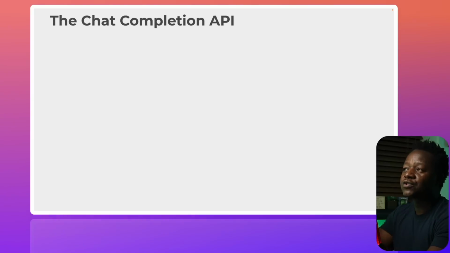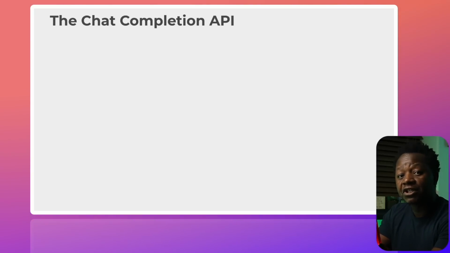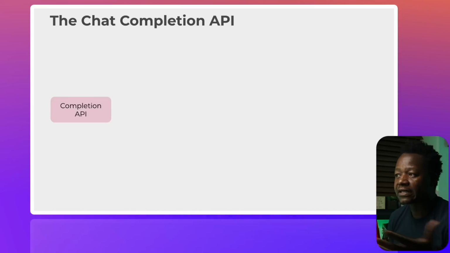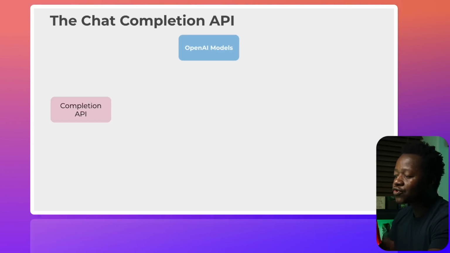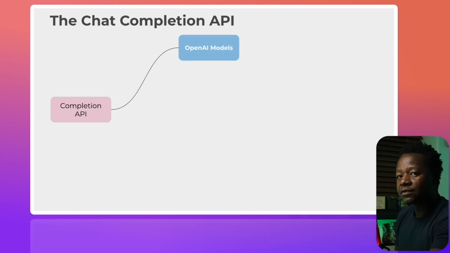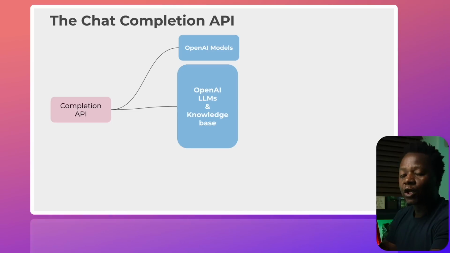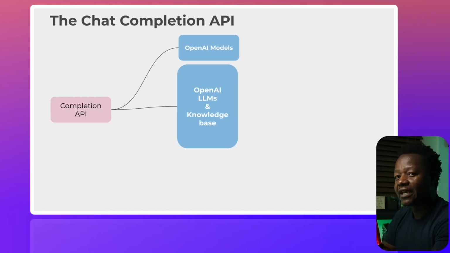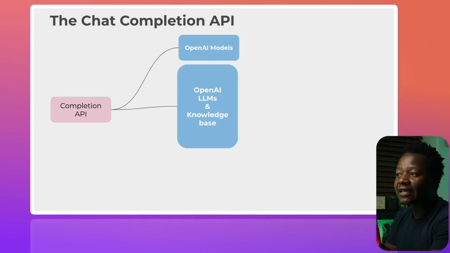Now, of course, you've heard of the chat completion API, which is the one that you've been using if you're using the OpenAI API. So you just send messages and you receive a response. And it's very useful because the completion API goes straight to the OpenAI models and asks questions, and the large language models, and of course the knowledge base. But the thing here is that this knowledge base is already there.